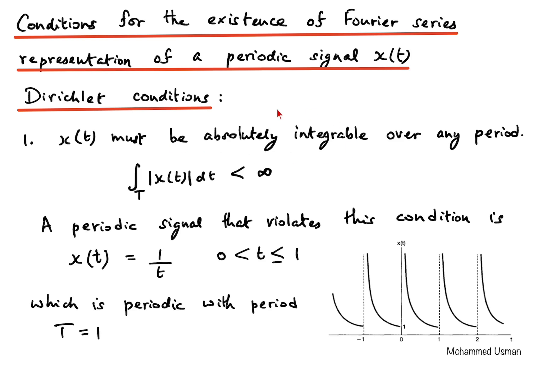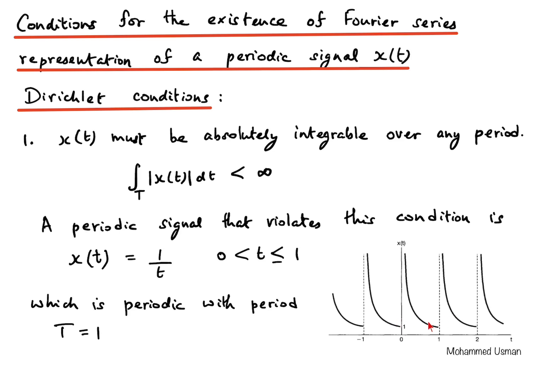For a signal to be absolutely integrable, there should not be any time instant in any period at which the magnitude of the signal is infinite. For this signal, when t equals 0, the magnitude 1 by 0 is infinity.